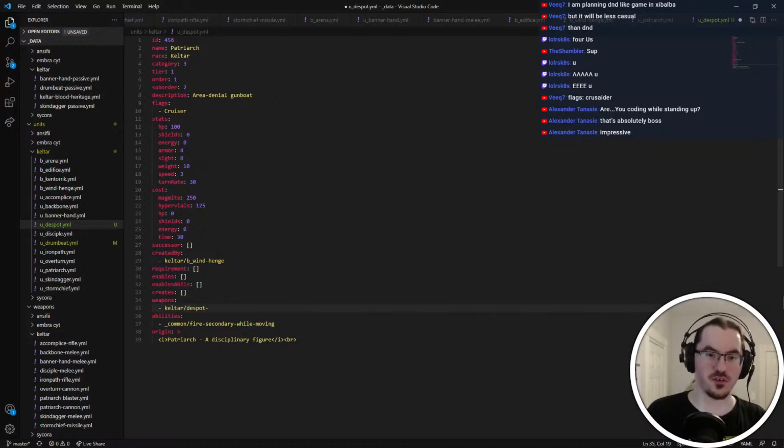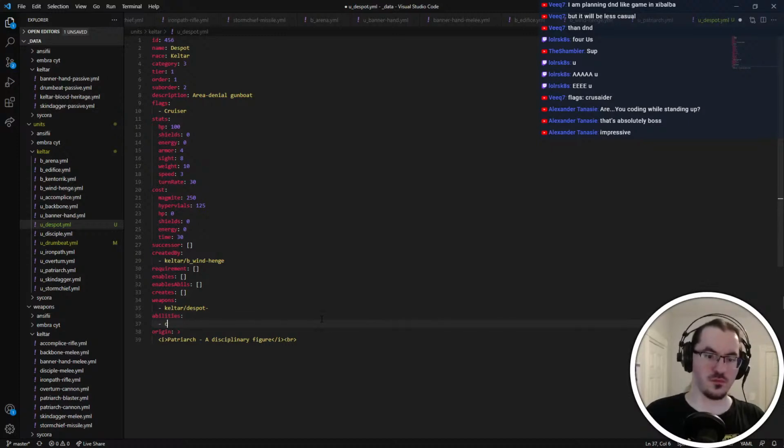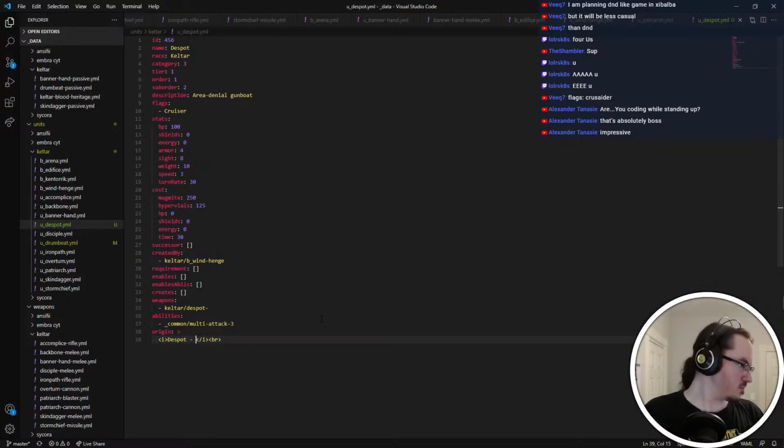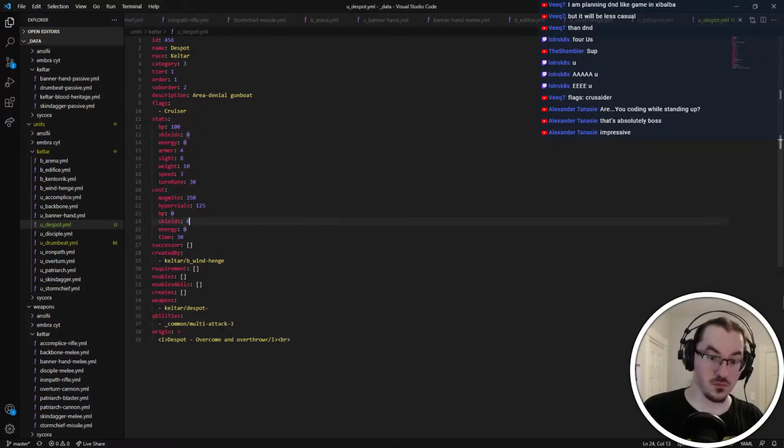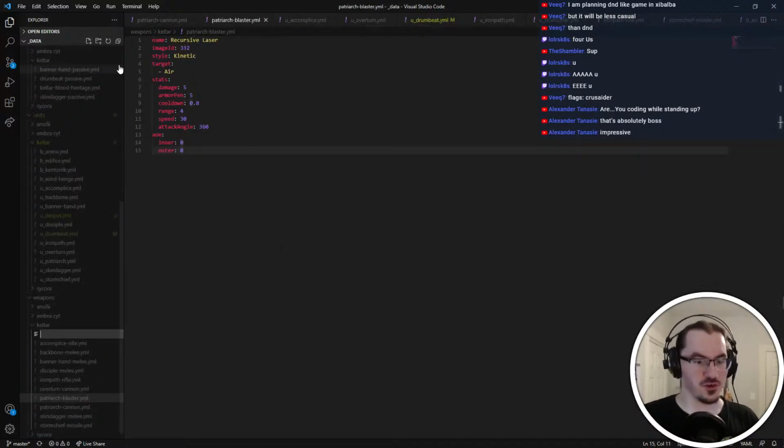This is Despot, so I should change this name accordingly. This will be another unit that uses lasers for its attack.